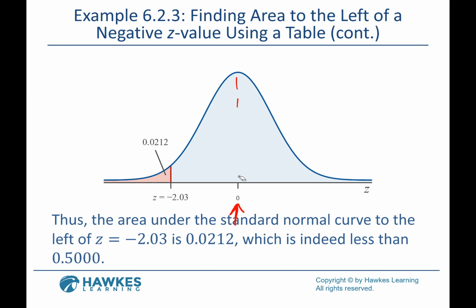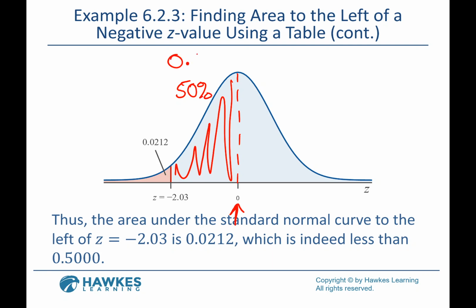Okay, let me back up. What did we say our shape was? Symmetric, yes, bell shape, but it's symmetric. So what percentage of the area is on each side? 50. Okay, so if we go from 0 to the left, that's 50%, or in decimal form, 0.500.